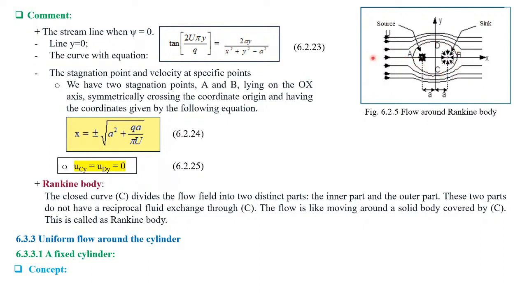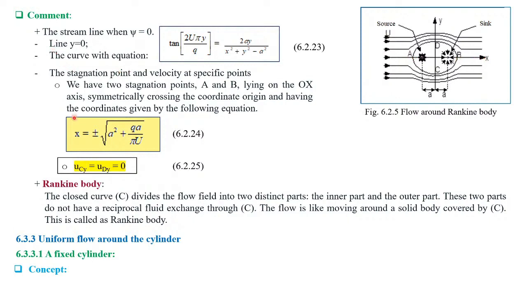That means the x-axis from minus infinity to a, and from b to infinity is the streamline here.